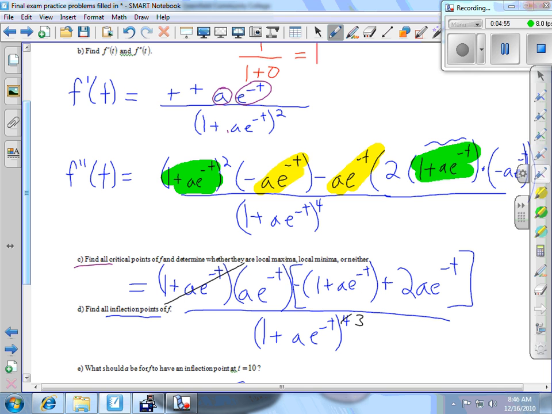Now let's look at the bottom. That a is a positive number. e to anything is also a positive number, so this whole thing is a positive number, and then we add 1. There's no way it's ever going to equal 0.